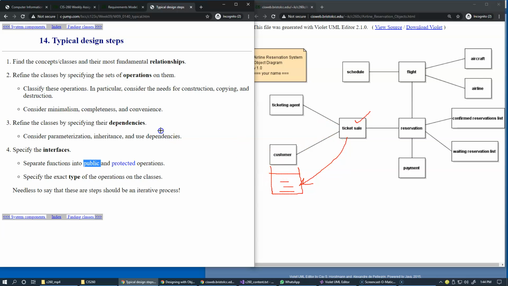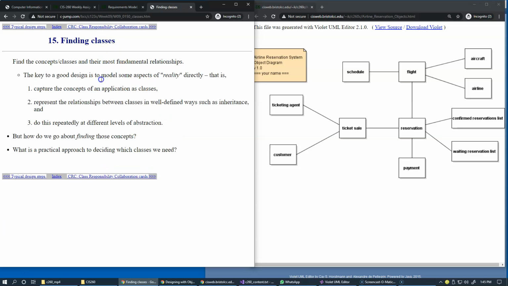All of this activity is iterative in nature. Locating these classes and identifying them, finding the concepts in classes and the most fundamental relationships between them, is key to good design.